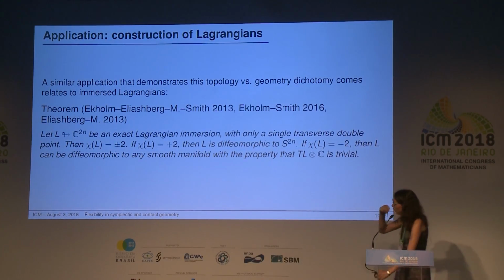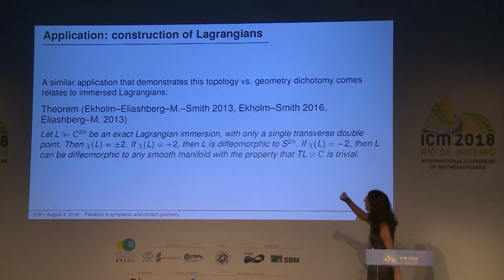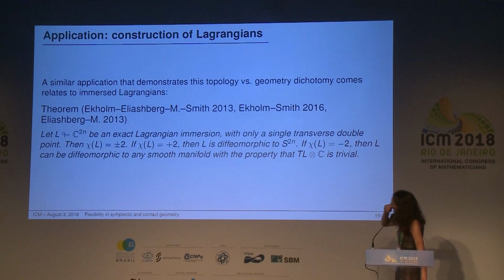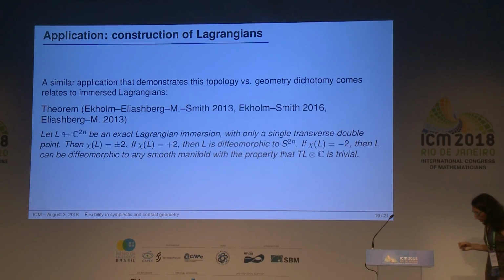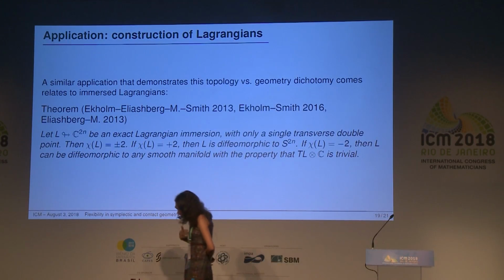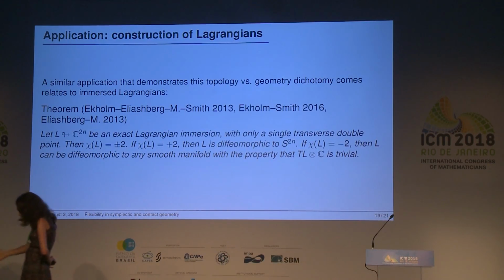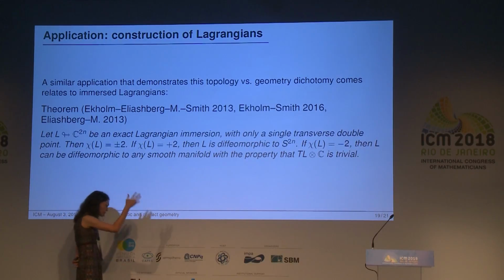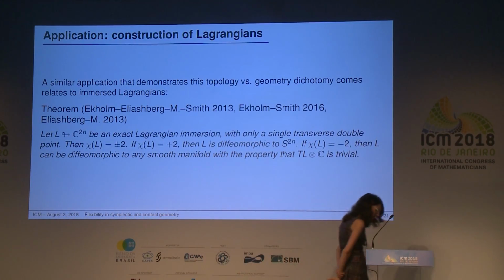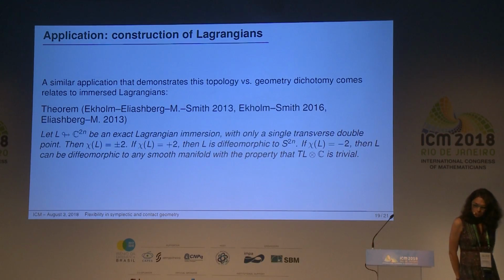So in the case where it's positive 2, this is really due to Ekholm and Smith. The point is that in this case, you can always show that the pseudo-holomorphic curve theory works well, and then you can build a parallelizable manifold bounding it, and then you go through surgery theory to get the diffeomorphism type.